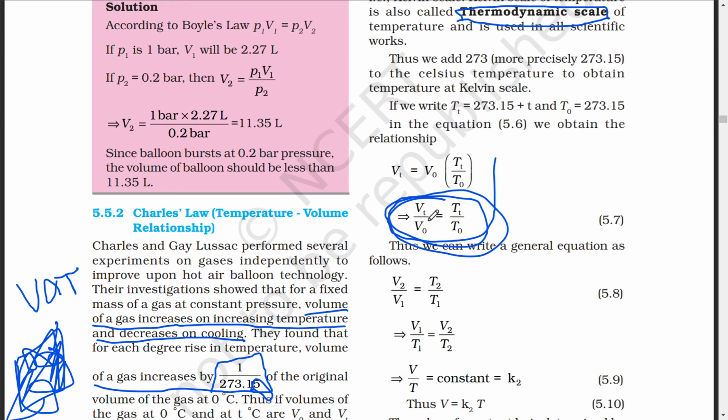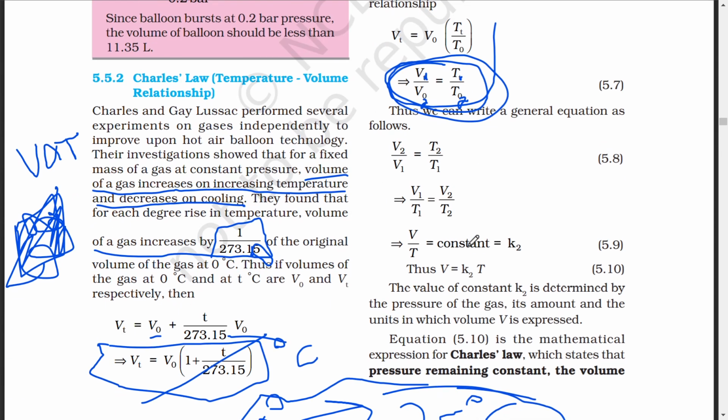You can also write it as V1 by V2 equal to T1 by T2. You can also derive this on your own, as you know that volume is directly proportional to temperature. So V1 by T1 equal to a constant and V2 by T2 equal to a constant. You can equate these both and you can get the same equation.